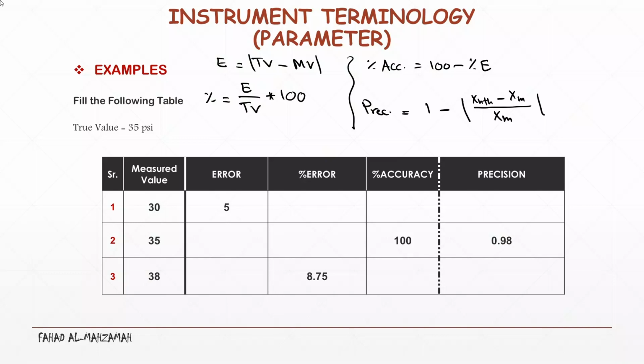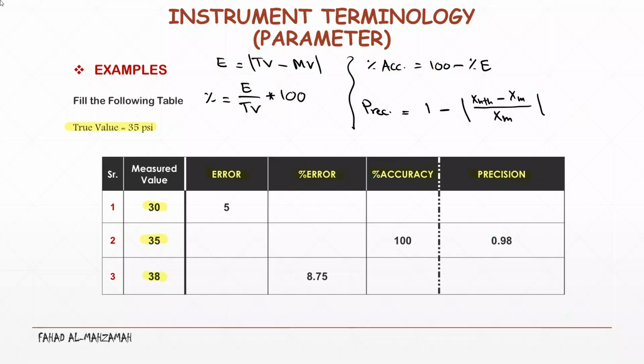So in the questions, the true value is given. Here the true value is 35 psi, and all the measured values are given, and we have here error, percentage error, accuracy, and precision. Now, let me first calculate the mean value. The mean value is the sum of the measured values divided by the number of them.